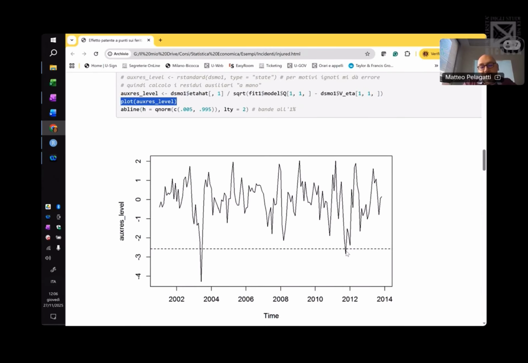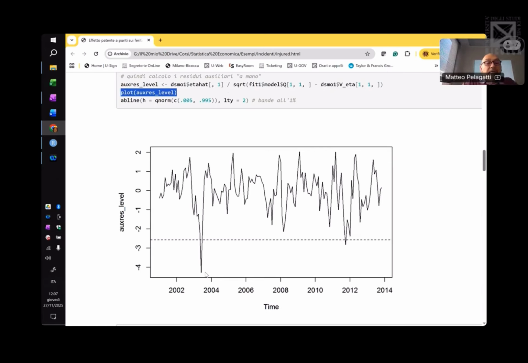If we put it at 2 point whatever, there's another one here. But anyway, we clearly find a strong effect on the level that is jumping down, because this is the auxiliary residual of the level disturbances, okay? So the level is jumping down.